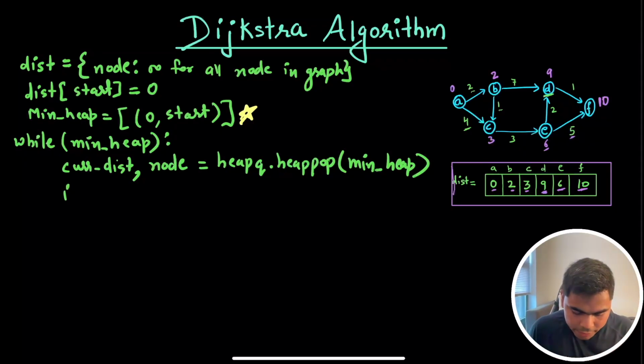So what do we do here? We have the current distance and the current node, and we want to find out the neighbors. But we skip it if we already found a better path. So how are we going to skip it?